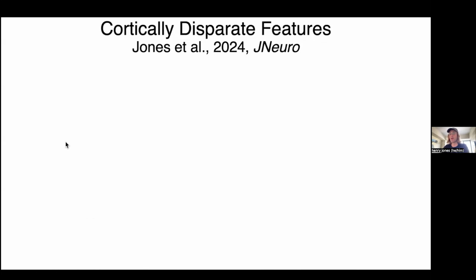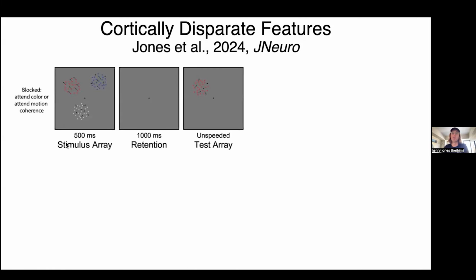So we ran some follow-up studies, still using this decoding approach, with more disparate features that should be represented in different parts of the brain. We ran one follow-up with participants viewing colored random dot kinematograms, where they would either remember the colors or the motion coherence level, which is whether the motions were coherent or incoherent.